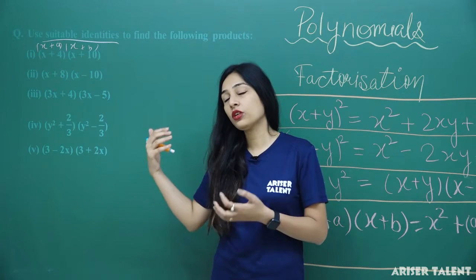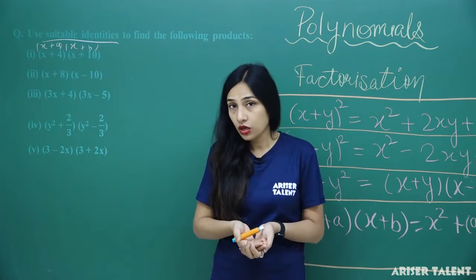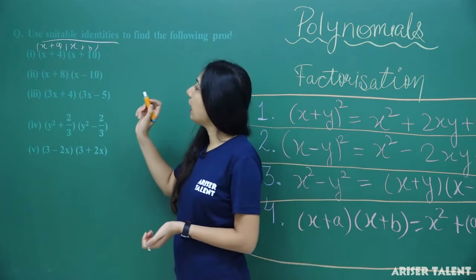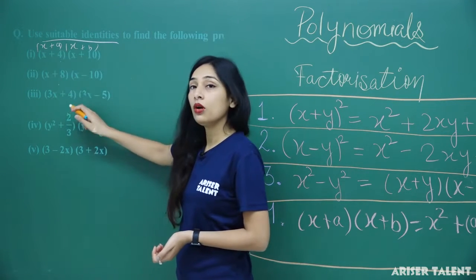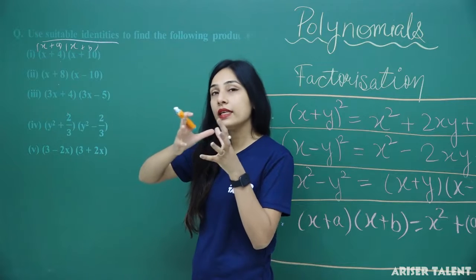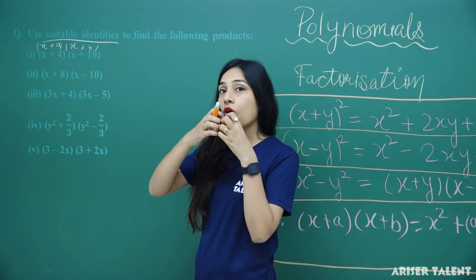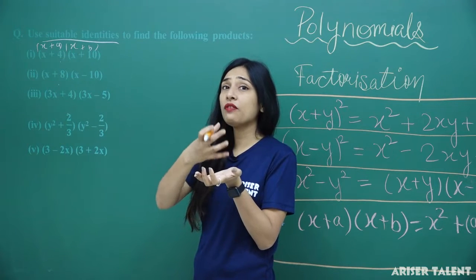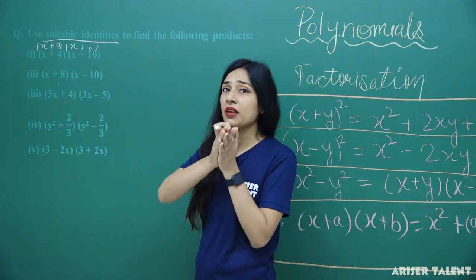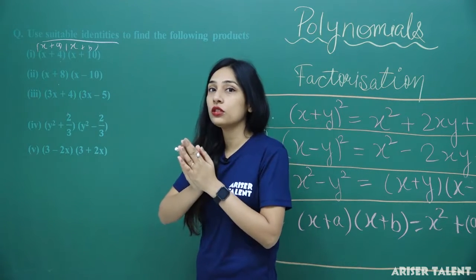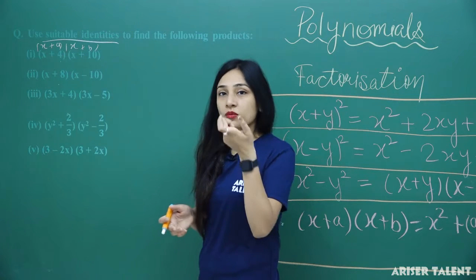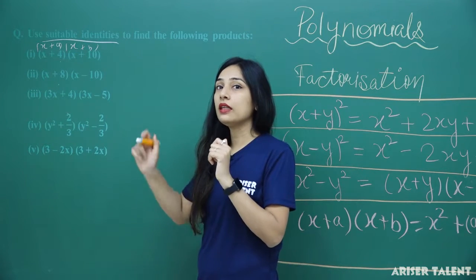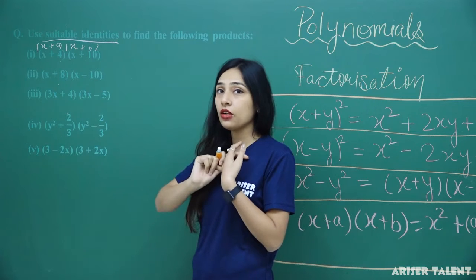For that, just do a good quantity of questions. When you do multiplication questions, 2, 3, 5 questions, and you come across the same identity being used in 4 or 5 questions, then you get to know just by looking at it which particular identity you are going to use.